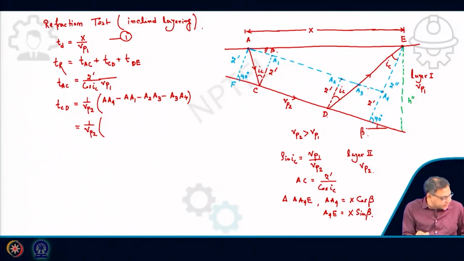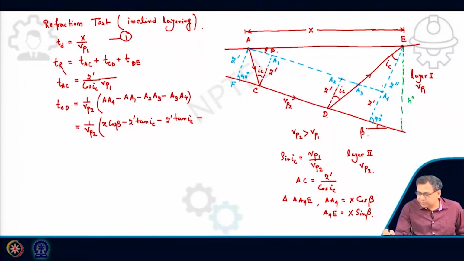So AA4 is x cos beta, then minus AA1, that will be simply z dash tan IC, minus A2A3, which is the same z dash tan IC. Then minus A3A4.